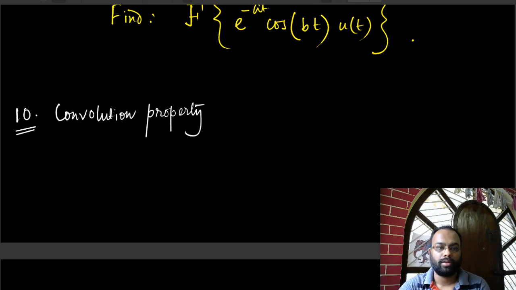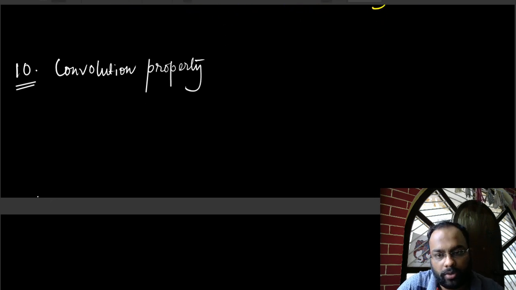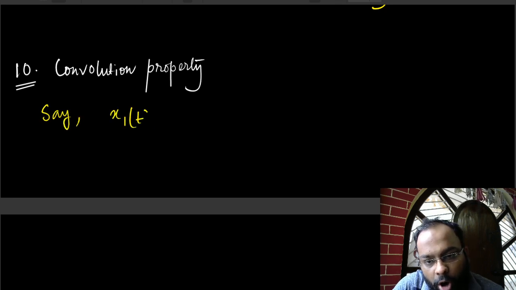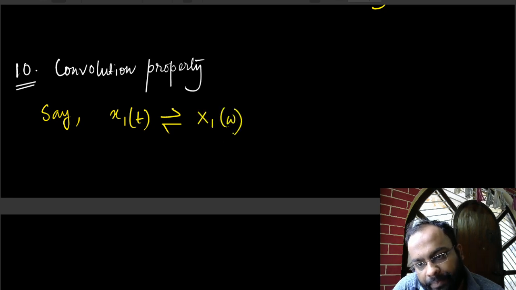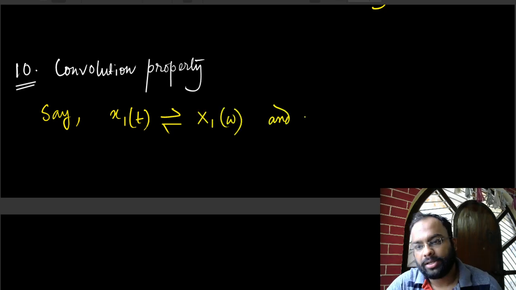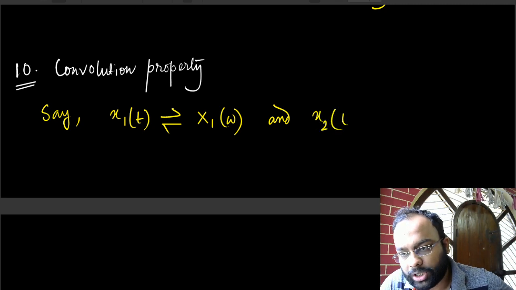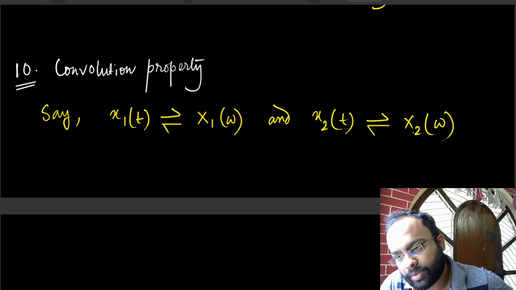The idea is the same once again. We are saying that the Fourier transform of x1t is x1 omega and the Fourier transform of x2t is x2 omega.